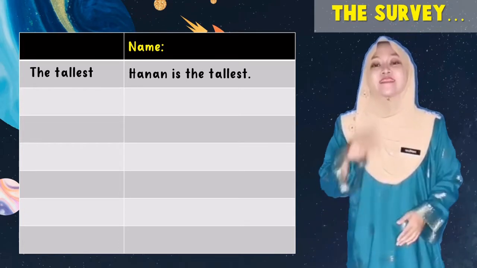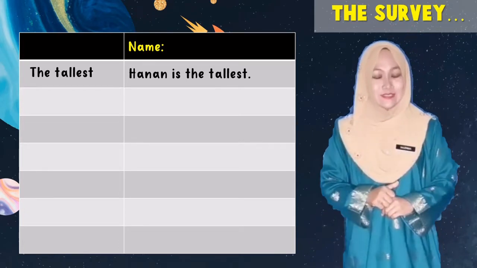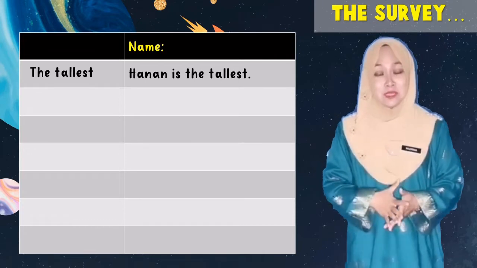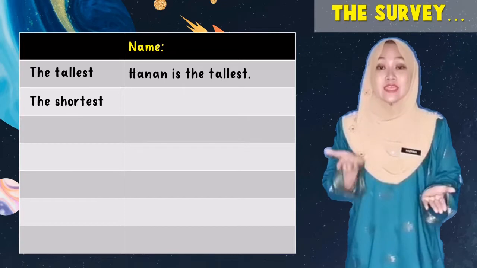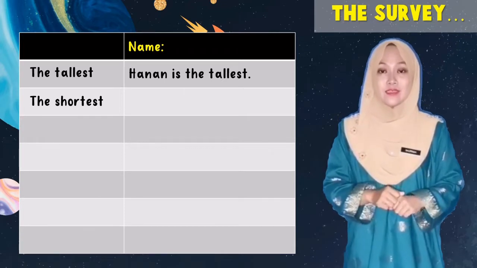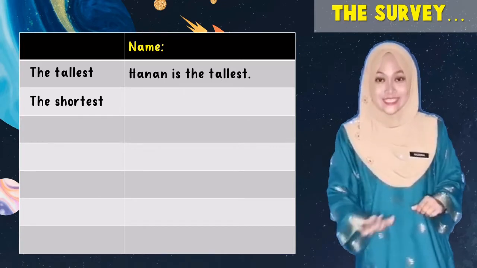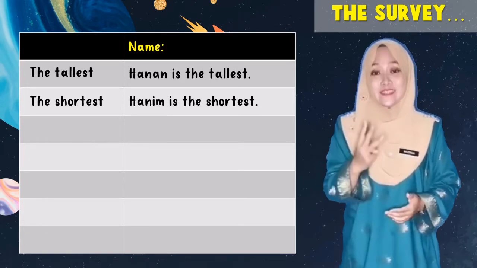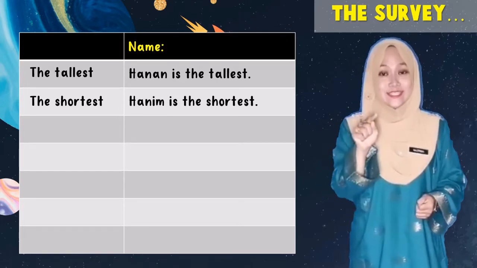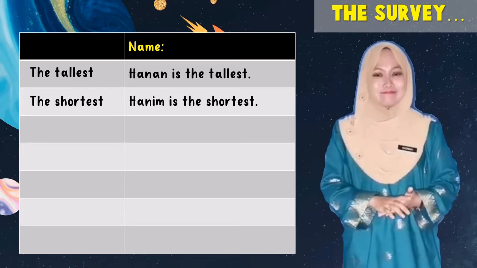Next, the second superlative adjective. Let's say you ask your family member, who's the shortest? Here in this family picture, Hanim is the shortest. So, you have to write down in the third row, the shortest, Hanim.